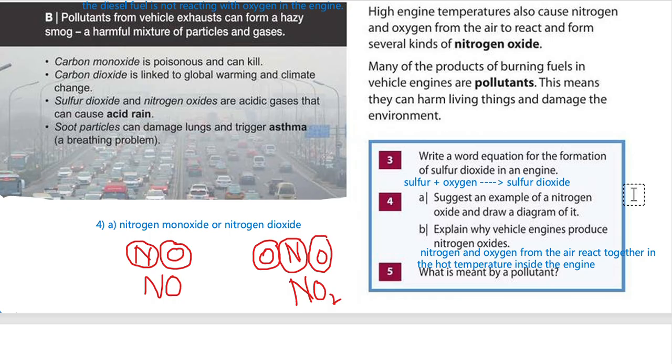So nitrogen and oxygen from the air react together in what kind of conditions? Hot temperature inside the engine. You know, engines are getting heated. So at high temperatures, nitrogen combines with oxygen in the air, and it forms nitrogen oxides. Is it clear? Yes. So you can write down the answer there.